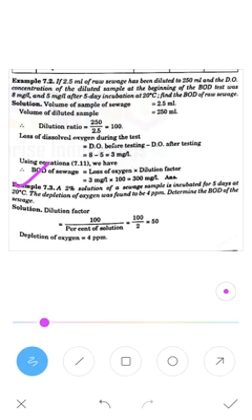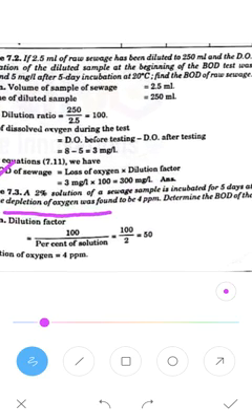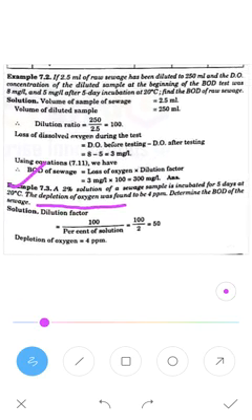The depletion of oxygen was found to be 4 ppm. ppm refers to parts per million, so 4 ppm means 4 parts per million. Determine the BOD of the sewage.